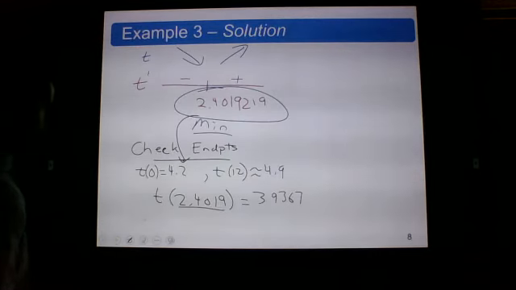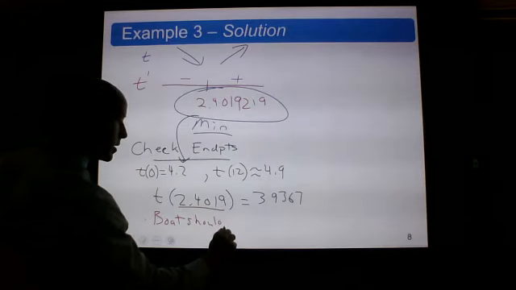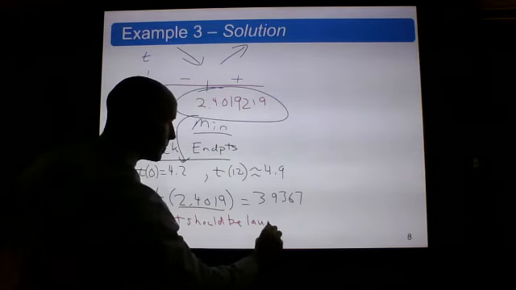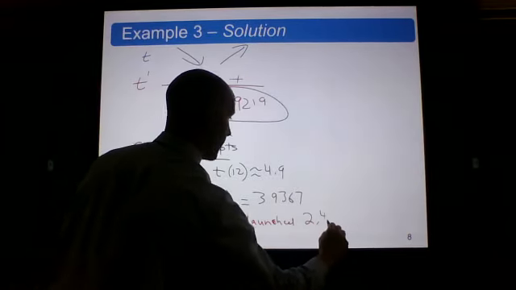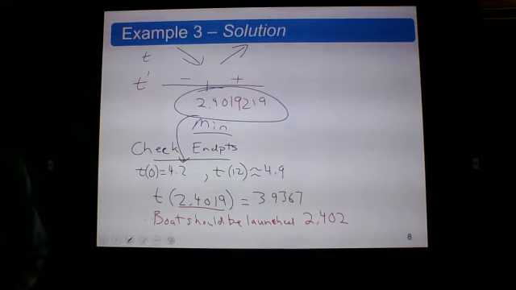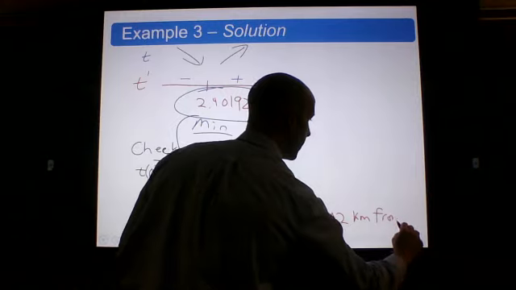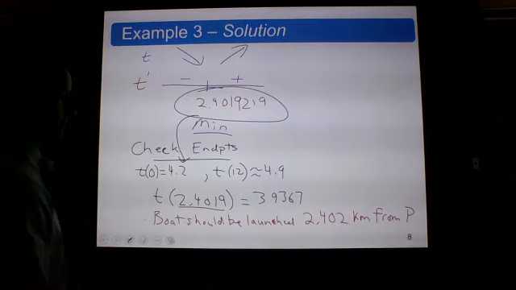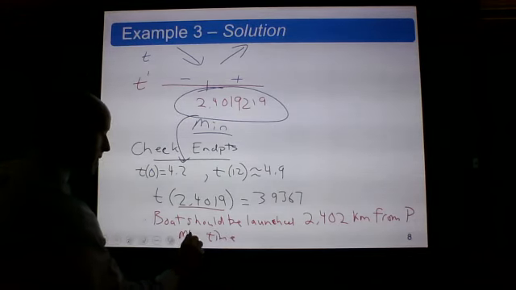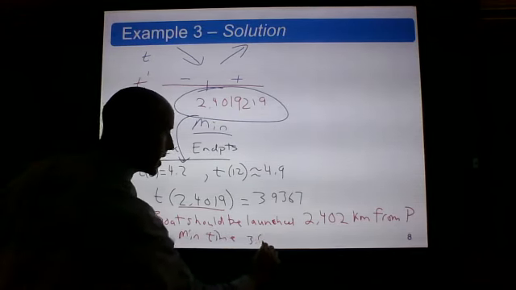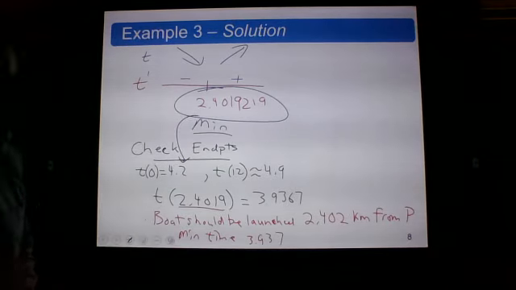So the boat should be launched 2.402, and I think we are talking kilometers, from P. And by the way, that minimal time, the min time, is 3.937, and we're talking about hours.